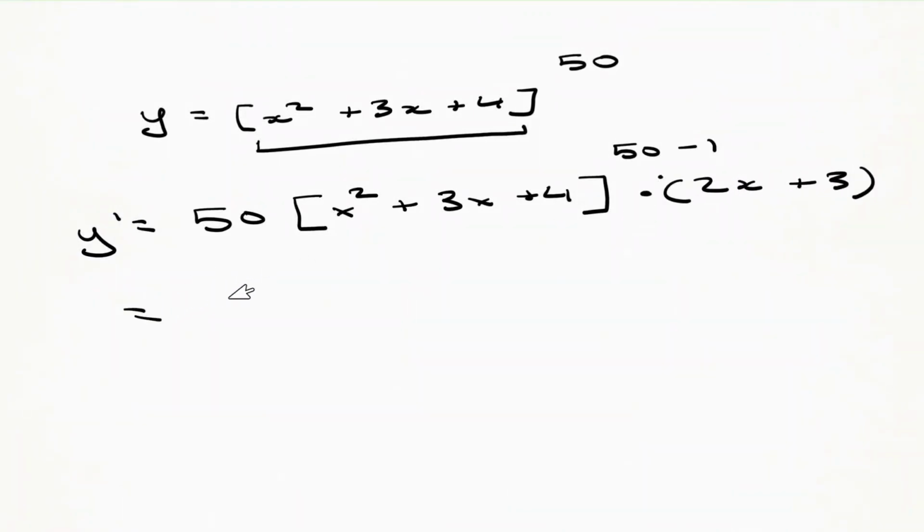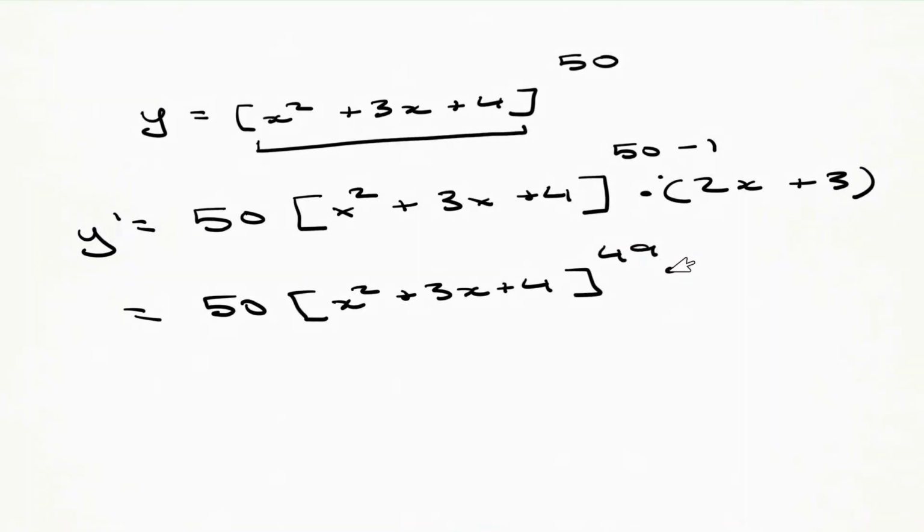So really, the answer is 50 into x squared plus 3x plus 4 to the power of 49 times 2x plus 3. So I know this might seem a little bit confusing, but we'll be looking at more examples in the next video. So that's a basic introduction of what the chain rule is.